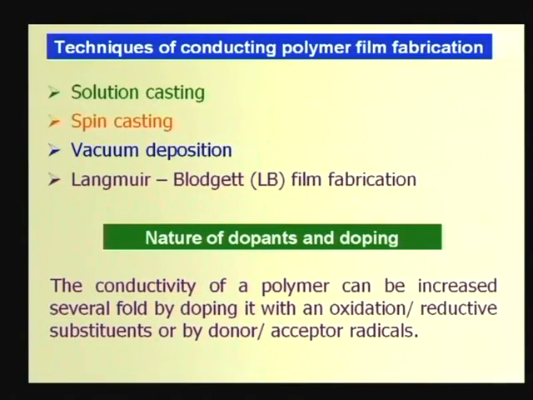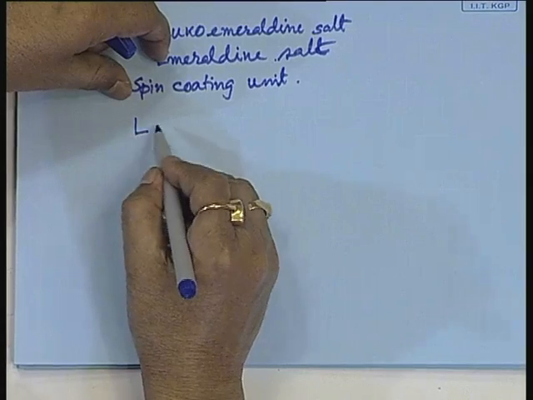So, when the vapor is coming up and gets in contact with this cold surface of your substrate, it will be deposited over there, and you will get a very thin film deposition of this polyaniline on the substrate. So, this is vacuum deposition, or else you can go for LB technique, Langmuir-Blodgett technique.